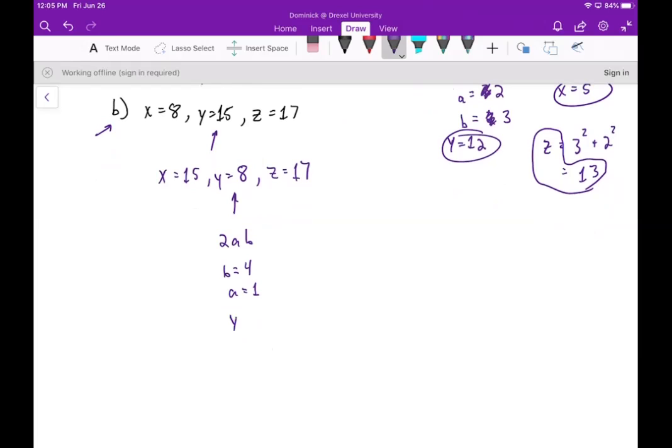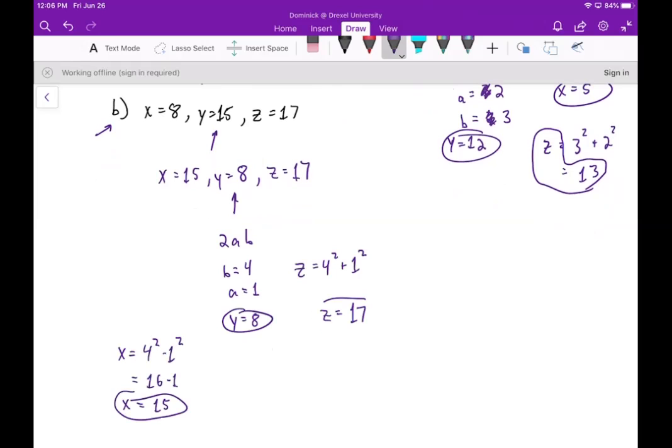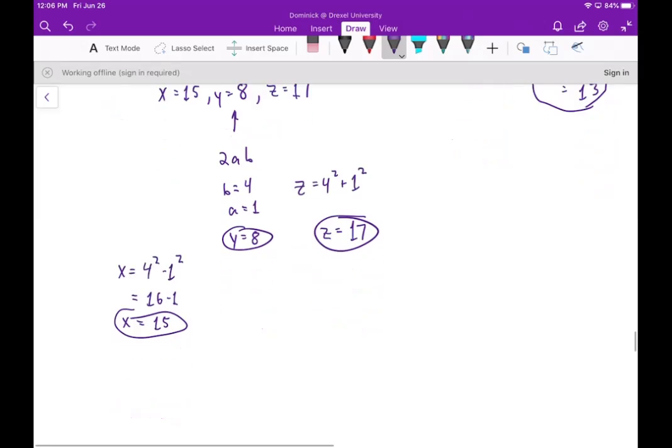Right, and that would give me y is equal to 8. And then x would give me 4 squared minus 1 squared, or 16 minus 1, which is 15. All right, then for z, we get 4 squared plus 1 squared, which gives me z equals 17. All right, and there's the a and b that generate this particular triple.